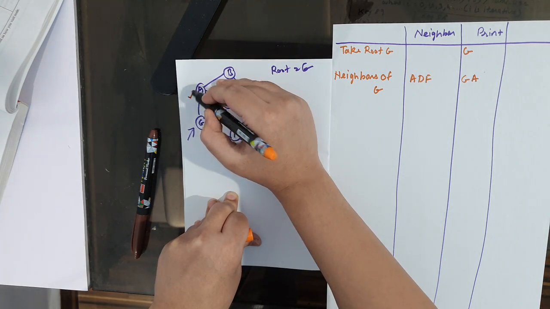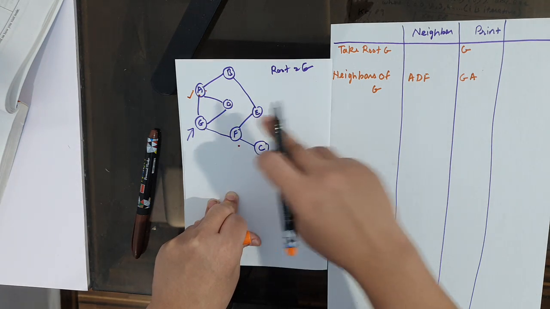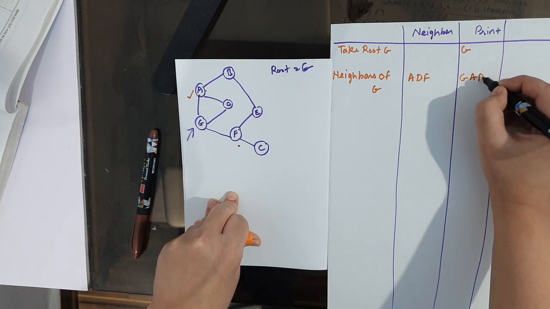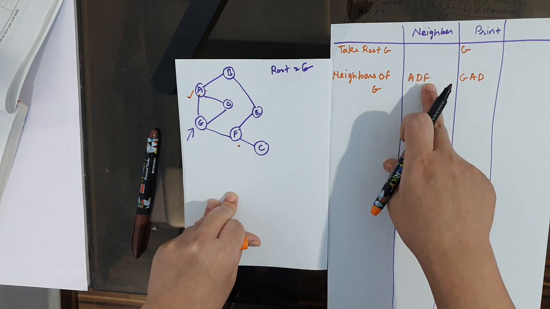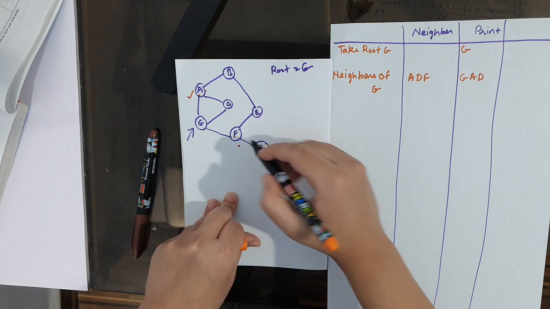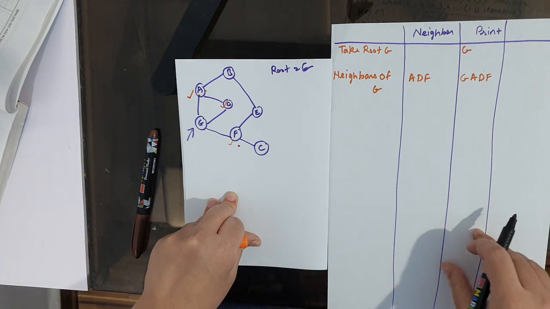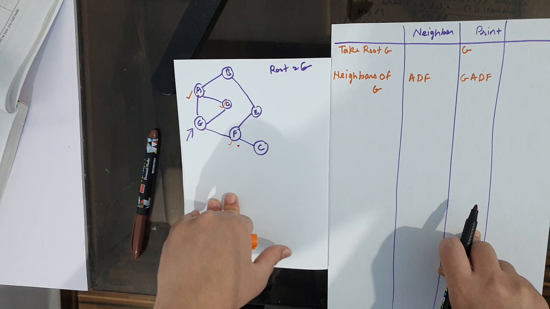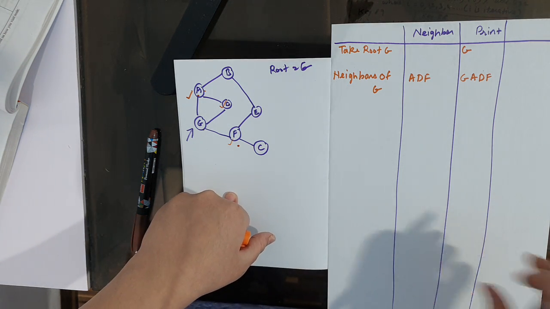Then once the visiting part of A is done, come to another neighbor called D, visit it, and mention it out here. Then go to the other neighbor of G, which is F, visit F and write F right here. So we have now visited all the neighbors of G, that is, the root.